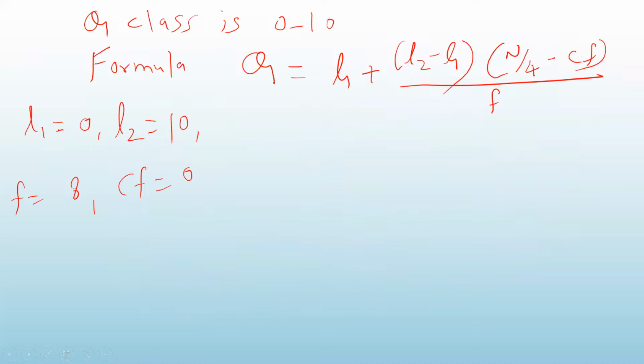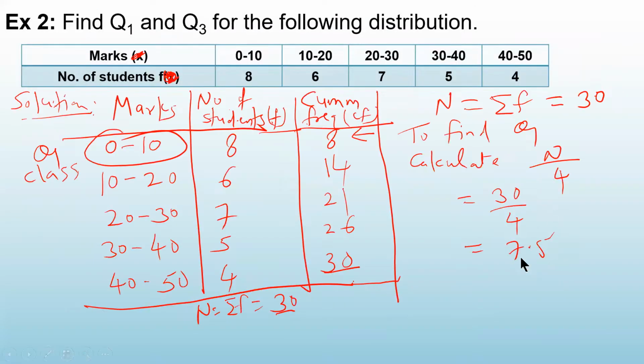Okay. So now you have to put all the values. L1 is what? 0. What is L2 minus L1? L2 is 10, L1 is 0. So 10 minus 0. It is 10, correct? What is n by 4 minus CF? N by 4 कितना था? 7.5.